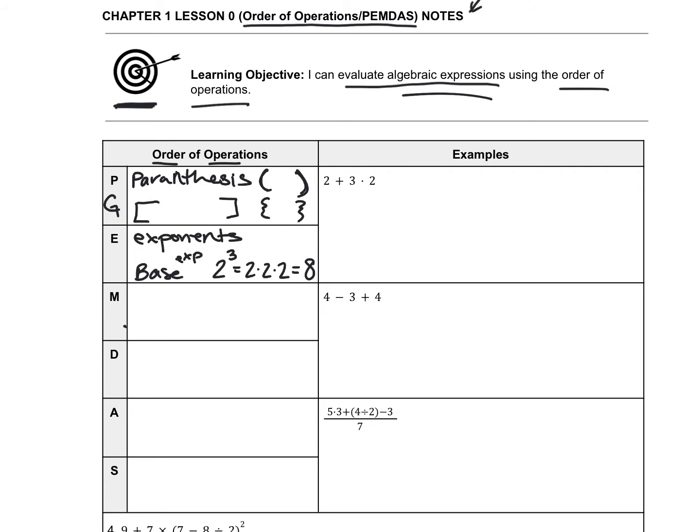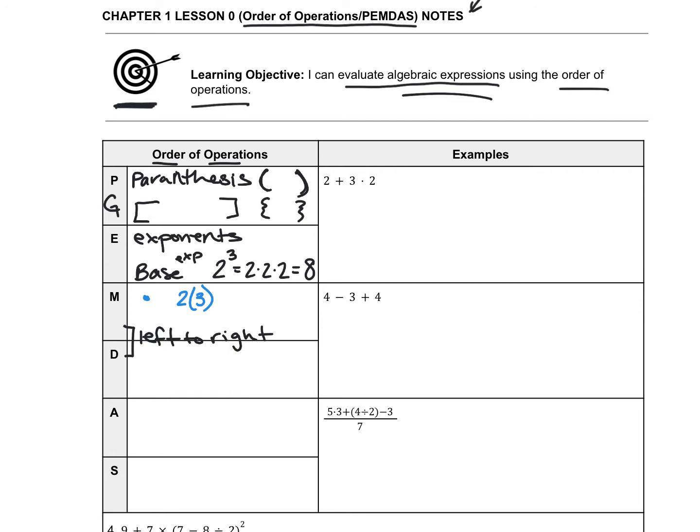Multiplication and division go in the order of left to right. So it's not always multiplication first. If division is further left, then you would do that first. But multiplication can be written with a dot. It could be written with numbers right next to each other in parentheses.